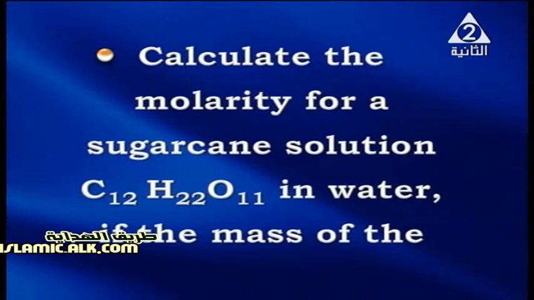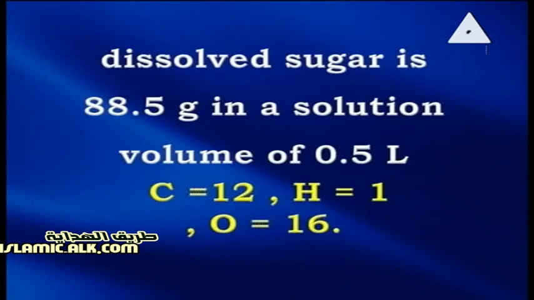Another problem. Calculate the molarity for a sugar cane solution that has molecular formula C12H22O11 in water, if the mass of the dissolved sugar is 88.5 gram in a solution volume 0.5 liter, where the atomic mass of carbon equals 12, hydrogen equals 1, oxygen equals 16.